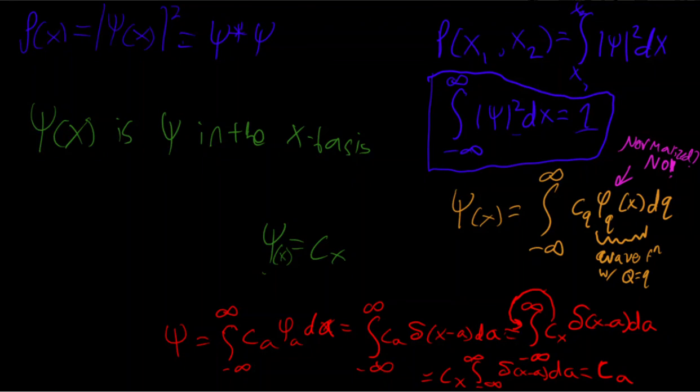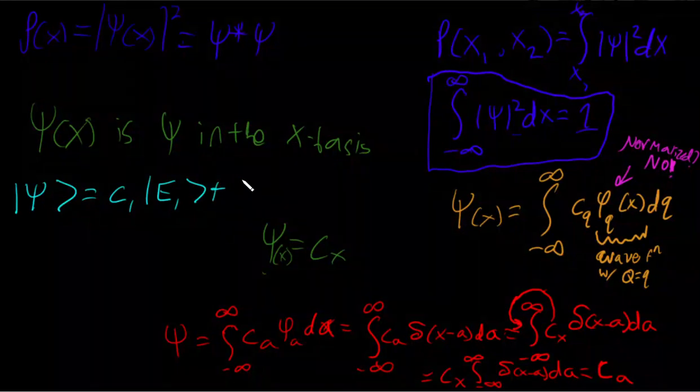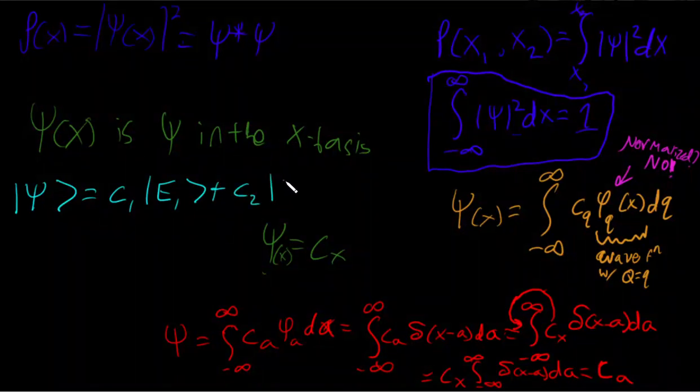let's say we're writing some function in the energy basis. This is back with the vectors. Psi is equal to C1 times the state vector with energy E1, plus C2 times the state with energy E2, plus C3 times the state with energy E3.